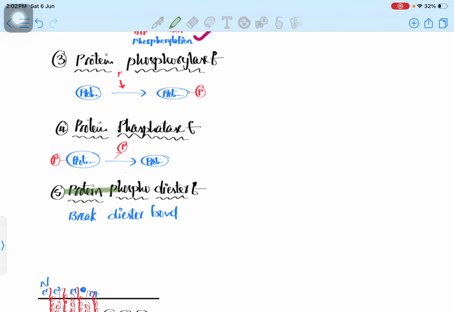And the last one is protein phosphodiesterase, where we break diester bonds, so the activation and inactivation process happens in this condition.